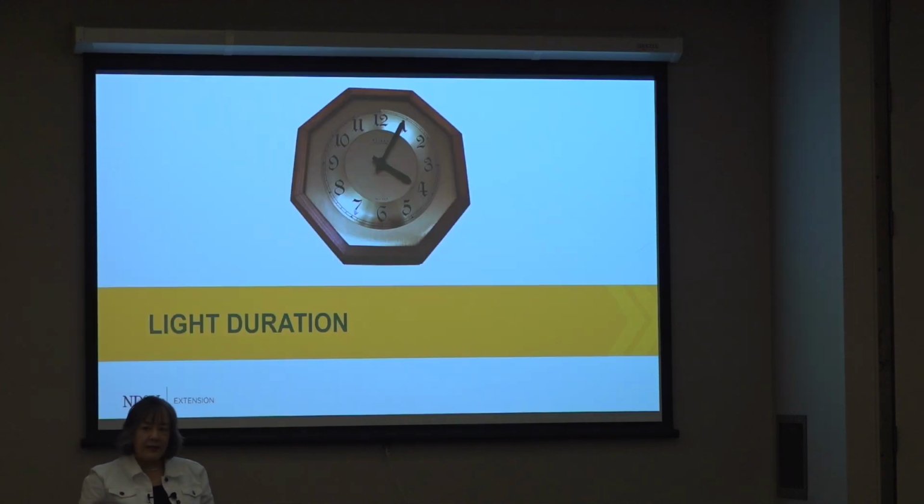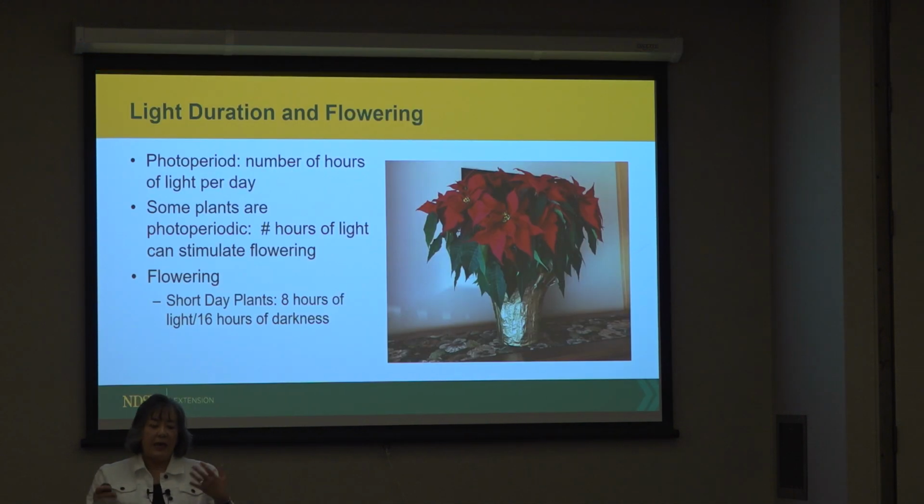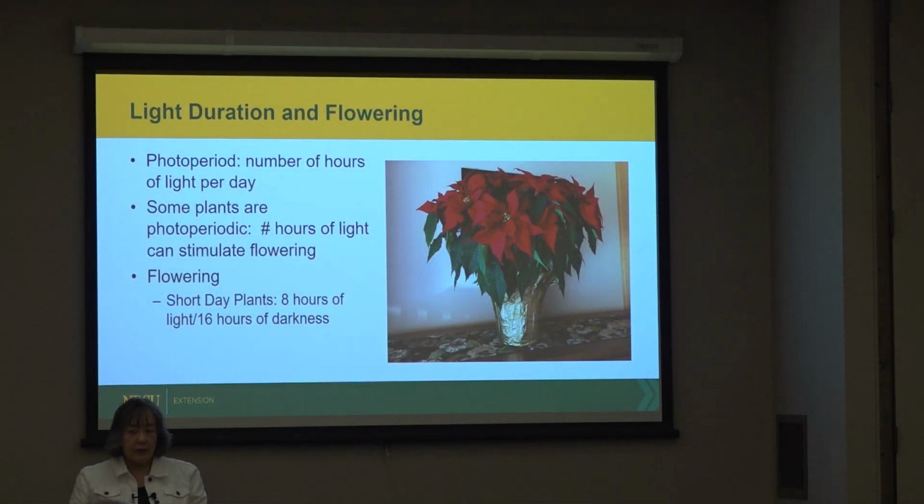So that's light intensity. Moving on to our third factor, which is light duration. This is going to go to the number of hours of light that your plant is receiving. And that's the photoperiod. That's the number of hours of light that's falling on your plant for each 24-hour period.